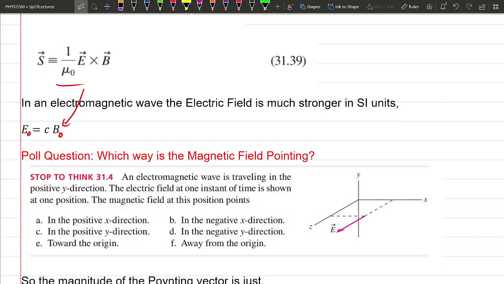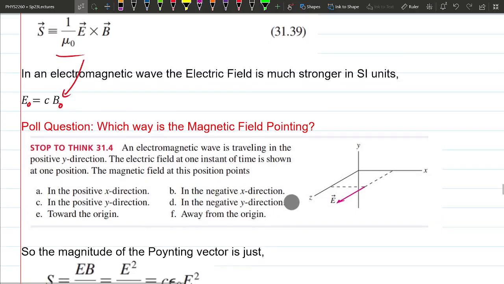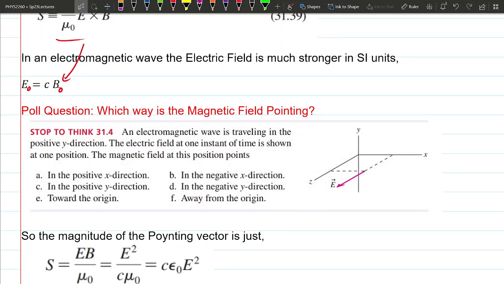Okay, so we've got 5 minutes. Let's do a poll, or just a raise of hand. Let's say we have an electromagnetic wave traveling in the positive y direction, so the wave is traveling in this direction.